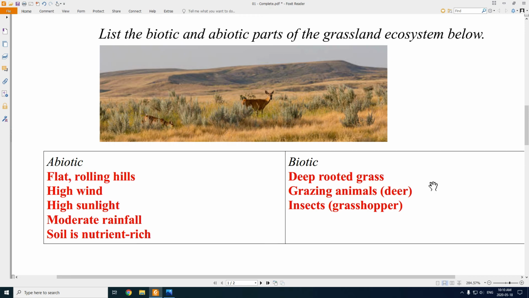Those insects thrive in this environment with these high grasses. And because of that, things like mice and other rodents also survive in that sort of environment. And also a prairie dog.